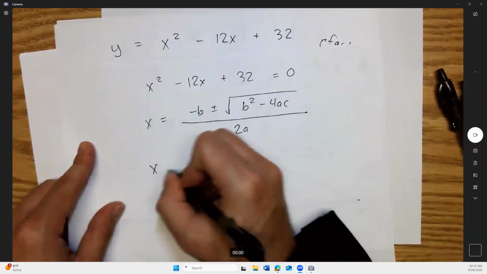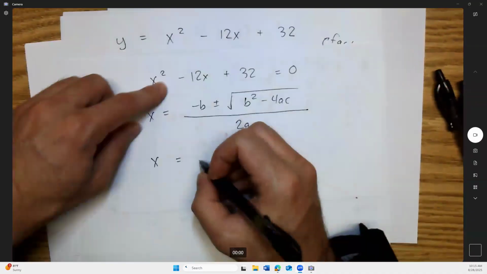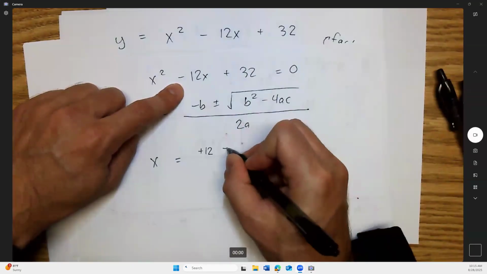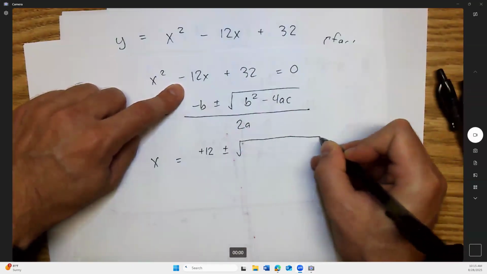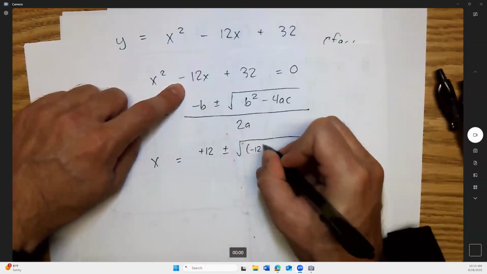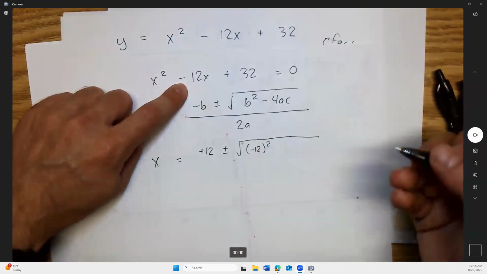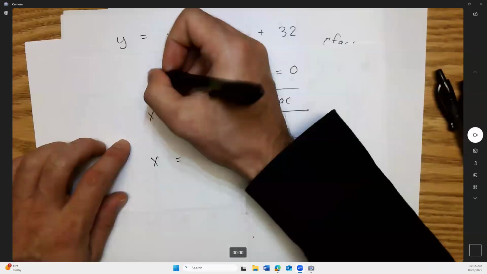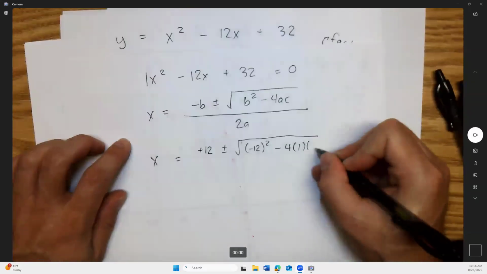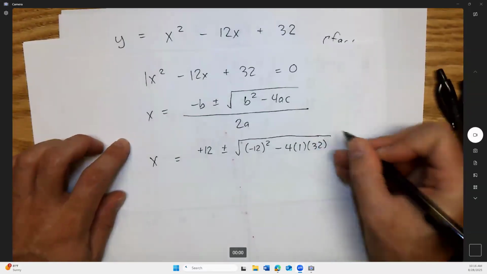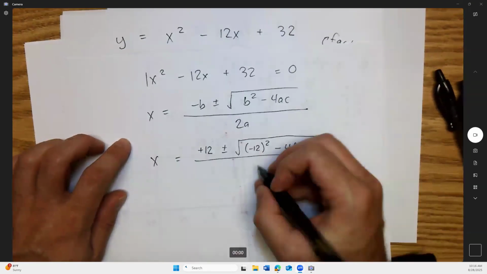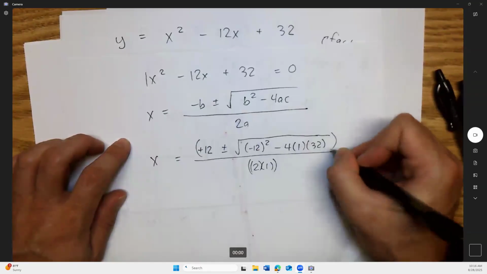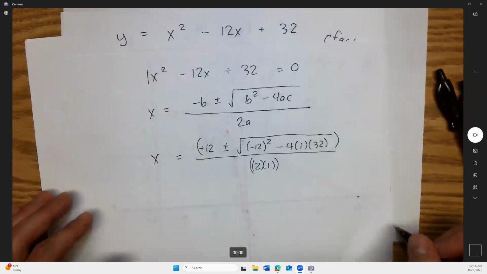And with this set of numbers, I got a -12. Does that bring me to positive 12? Plus or minus the square root of -12 squared, although negative squared always becomes positive anyway, minus 4 times 1, since a is 1 right here, and c is 32. This is all divided by 2 times 1. All right, there you go. So that will tell you where the zeros are.